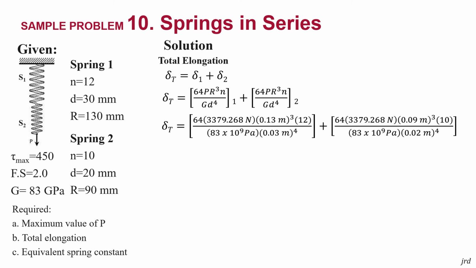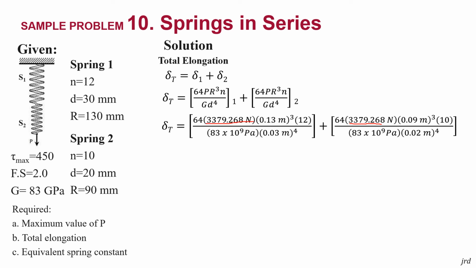And then we do the same thing for the second term, but we apply the dimensions for the second spring. The same force is applied, still 3,379.268 newtons, so they should be the same.